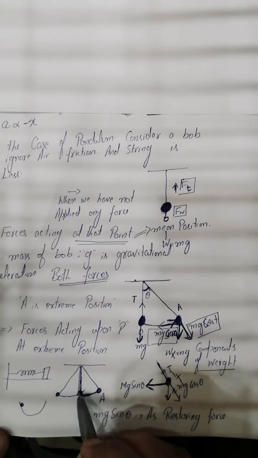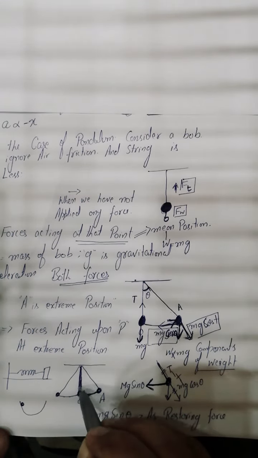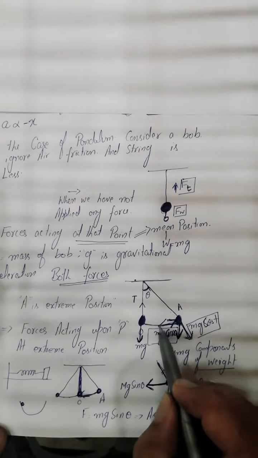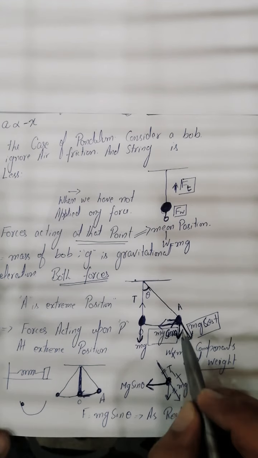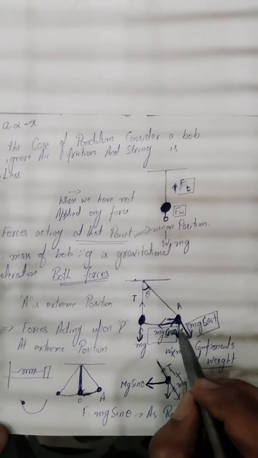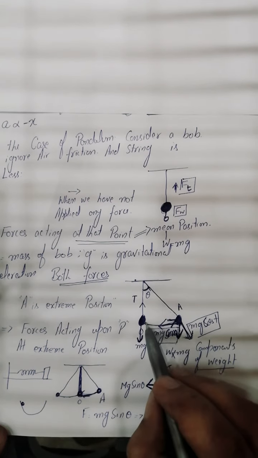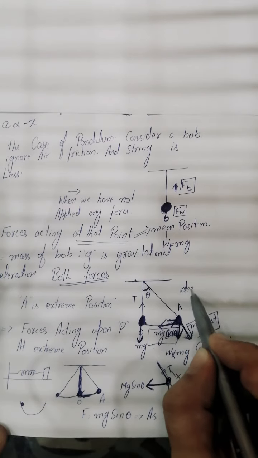I hope that by listening to this lecture you are now able to construct the components of the weight force and find out what forces are acting on a simple pendulum for an ideal case.